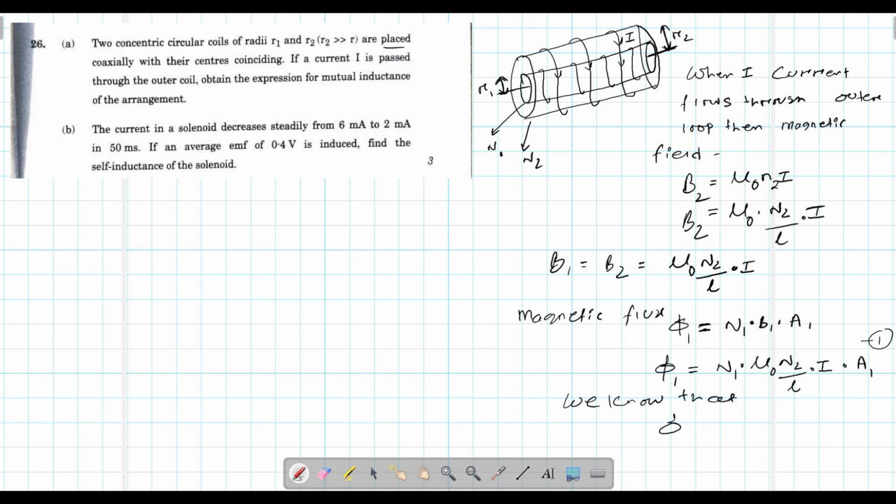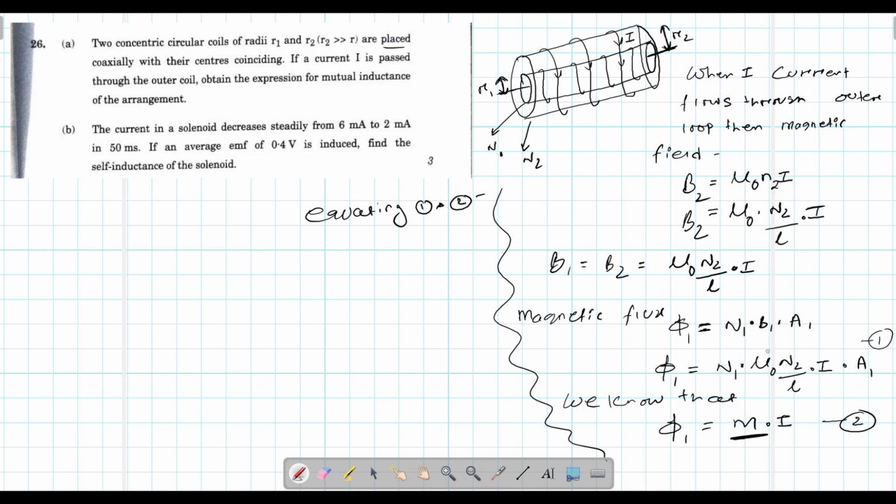We know that phi 1 equals M into I. So equating 1 and 2, M equals how much?